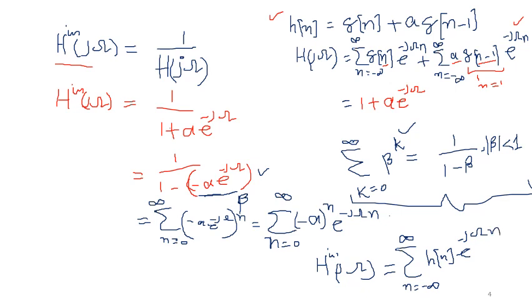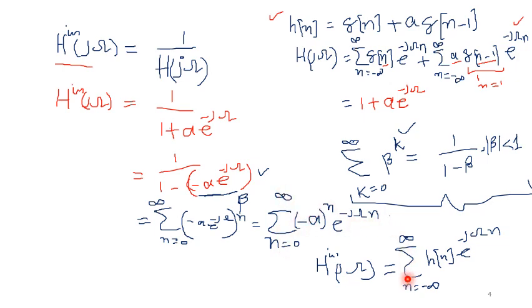So that's what the situation is depicted here. So you have h of j omega and h inverse of j omega, and this is equal to the summation n running from 0 up to infinity, right?